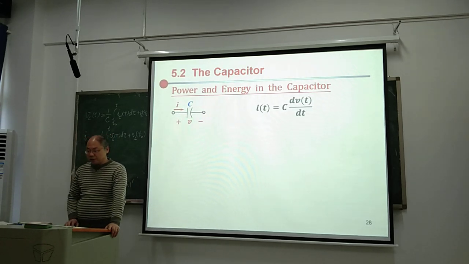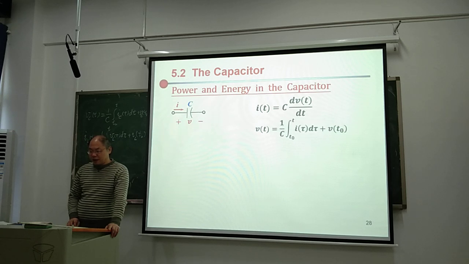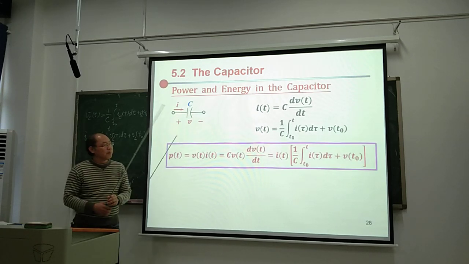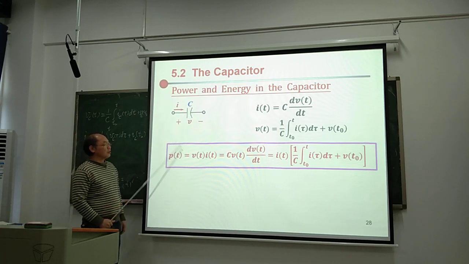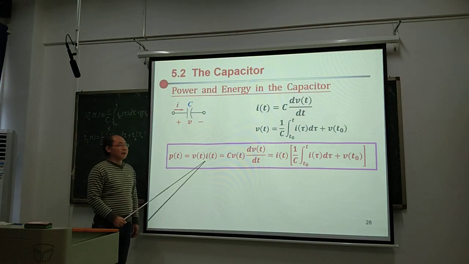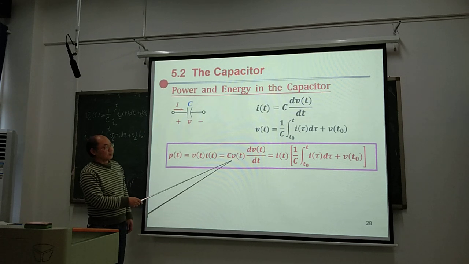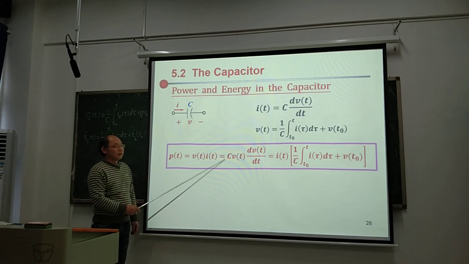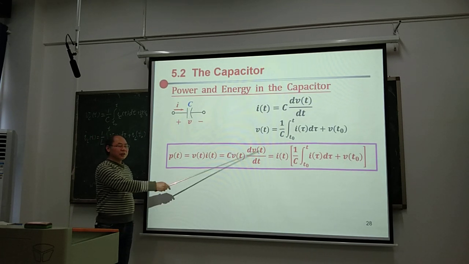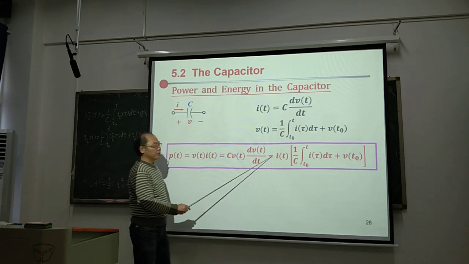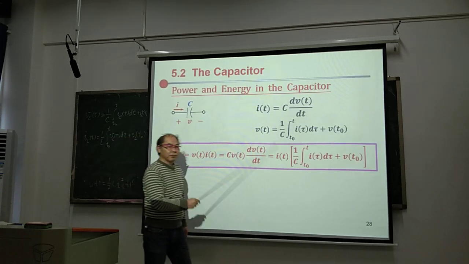So this is current, and this is voltage, and power P equals V times I. So we get this expression or this expression.